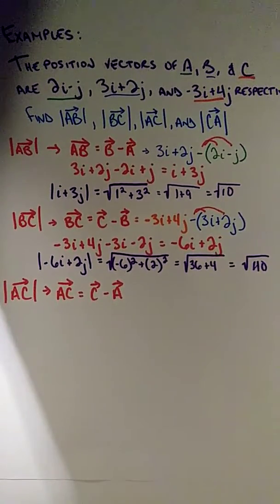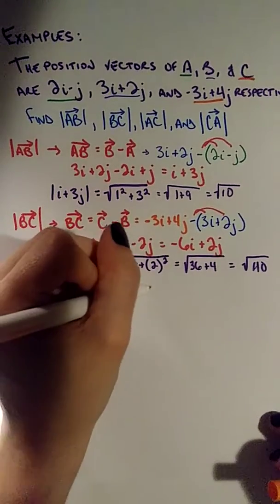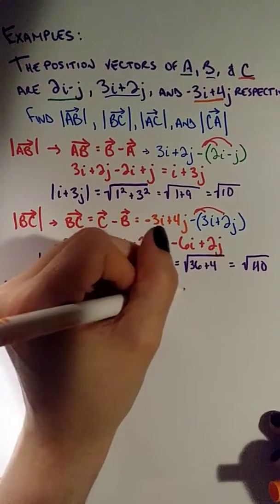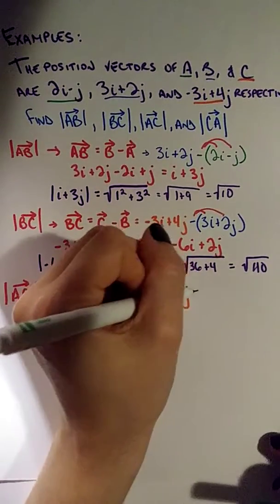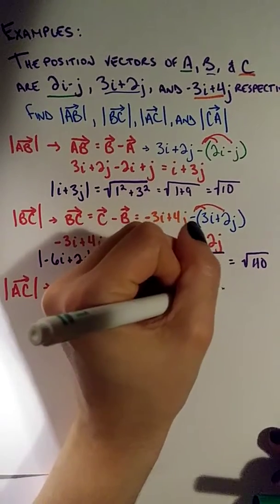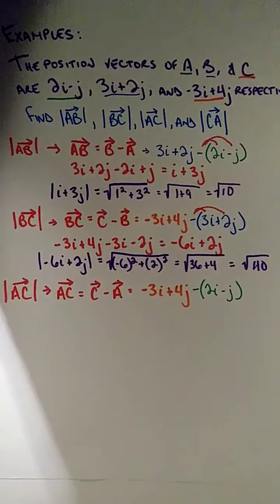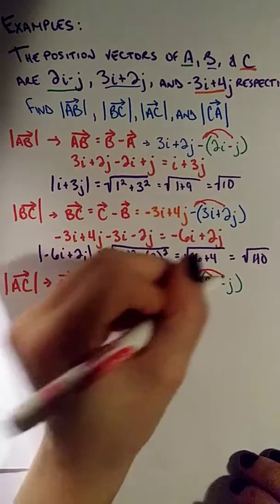So vector C is negative 3i plus 4j, and I have to subtract vector A. In parentheses, that was 2i minus j. So let's go ahead and distribute our negative sign here, just like we did before.